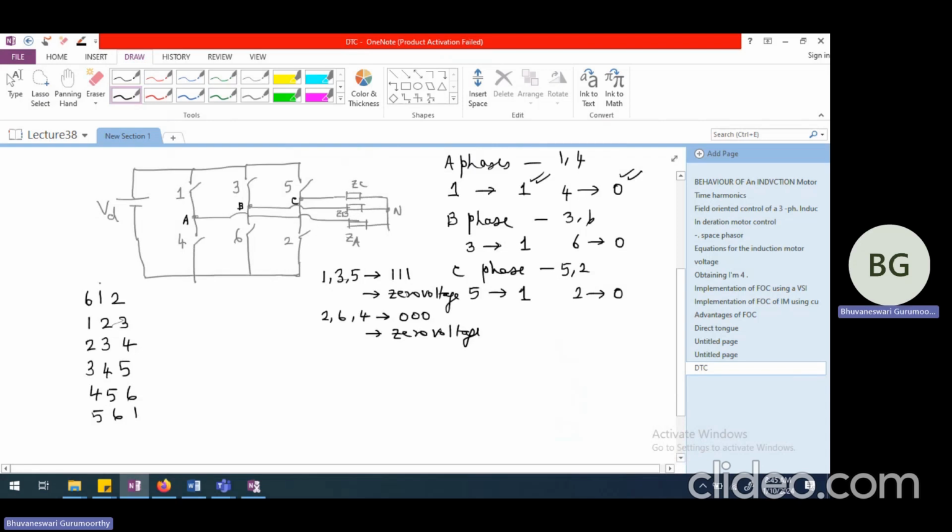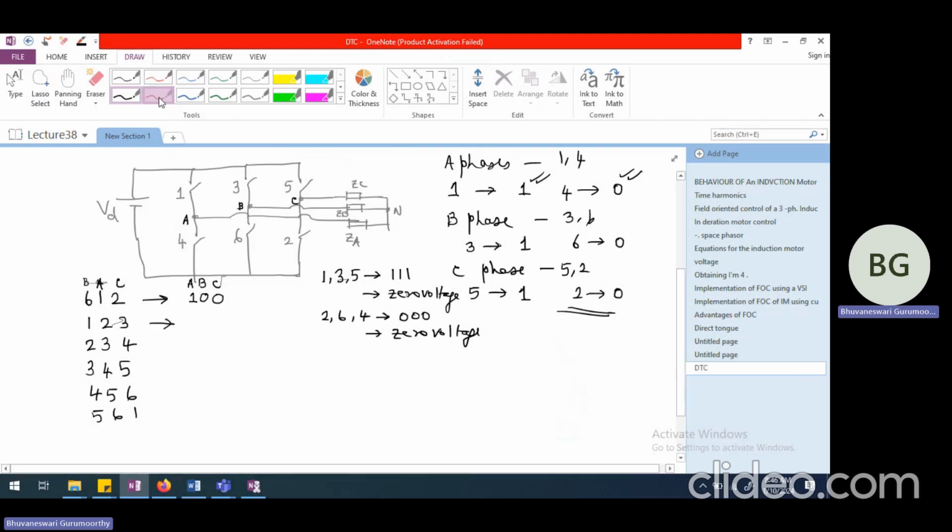In 6, 1, 2, 6 corresponds to B phase, 1 corresponds to A phase, and 2 corresponds to C phase. If I write how the A, B, C positions are in this case, 6, which corresponds to B phase, is 0, A, which is 1, is 1, and C phase, which corresponds to 2, is also 0. So this is 1, 0, 0.